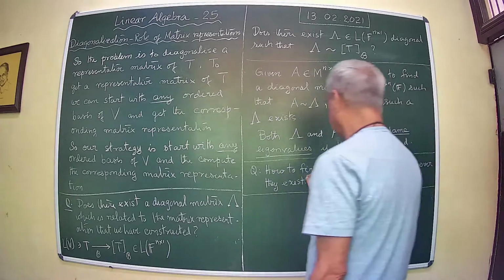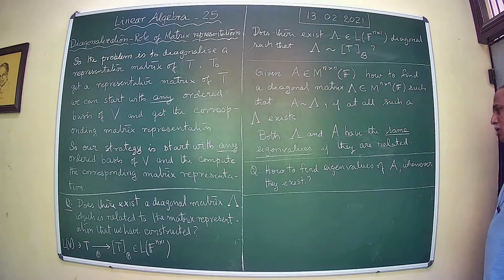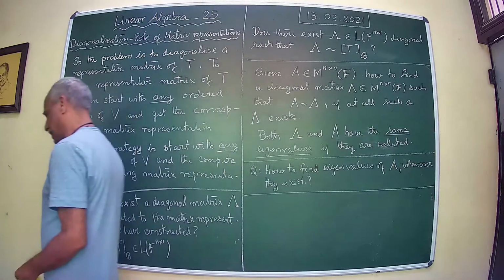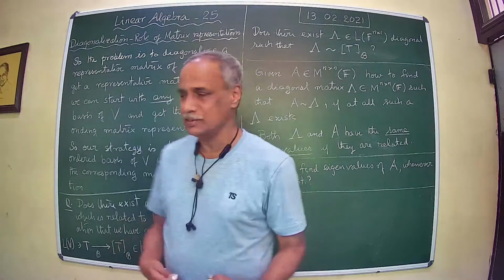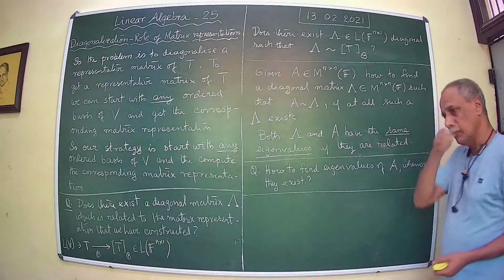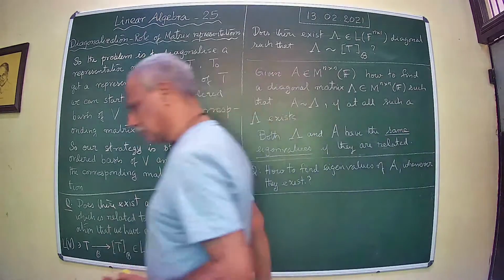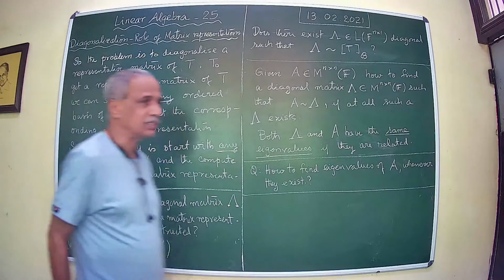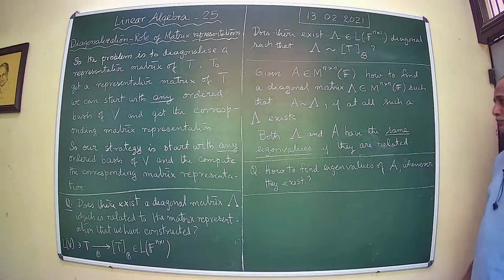This is the question now. And then we can link up everything. Okay. So how have we started? We started with a T belonging to L(V). Okay. We chose some convenient ordered basis for V with respect to which T has a matrix representation. We know how to compute it. So now the matrix representation of T with respect to the ordered basis that we have started with is known.